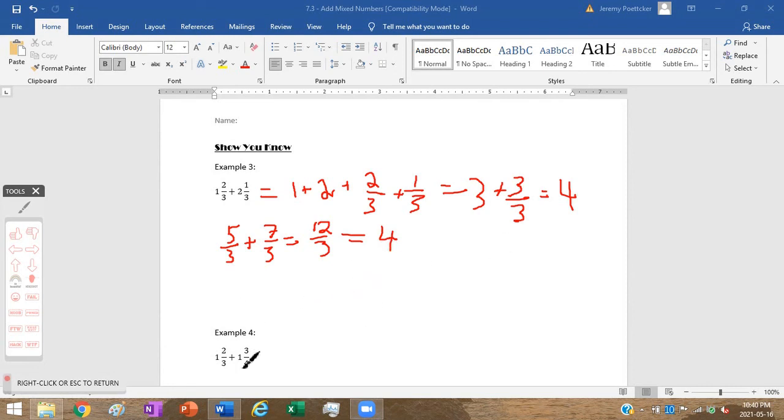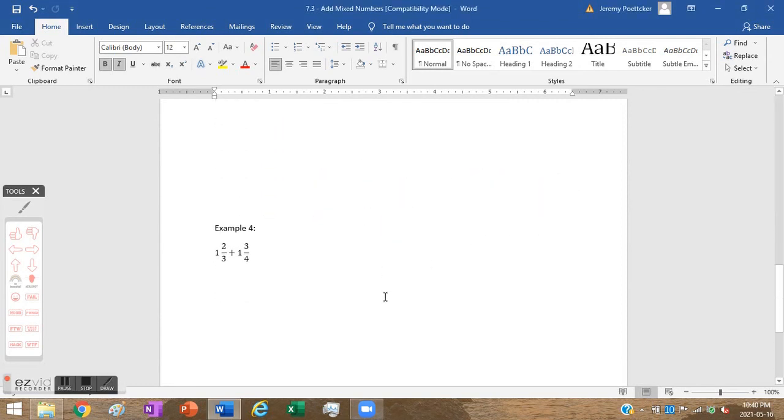All right. Moving on to this one here. Two ways, again, we can do this one. I can use my first method of adding the whole numbers and then adding the fractions. Either way, though, I am going to be having to find a common denominator for the fractions. So method 1, 1 plus 1.